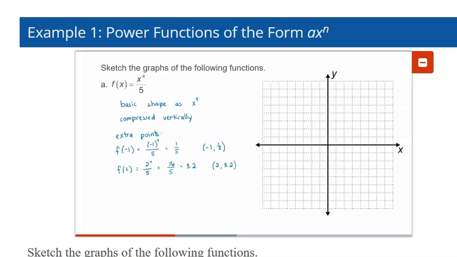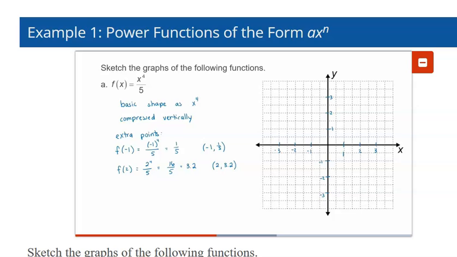So to graph this function, we start by plotting the point -1, 1/5. Before we graph this, I'm going to label my axes. So on the x-axis, I have 1, 2, and 3. And in the negative direction, -1, -2, -3. The positive direction of the y-axis, I'll label 1, 2, 3. And in the negative direction, label -1, -2, -3.